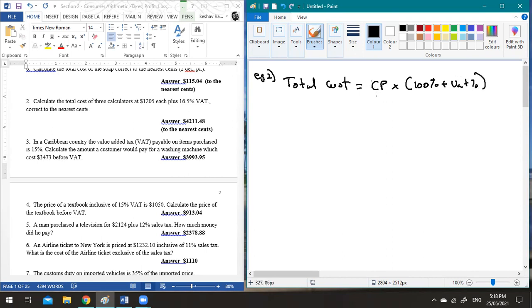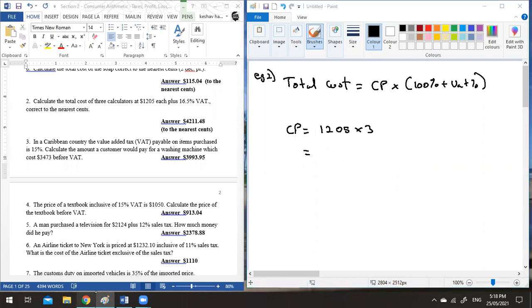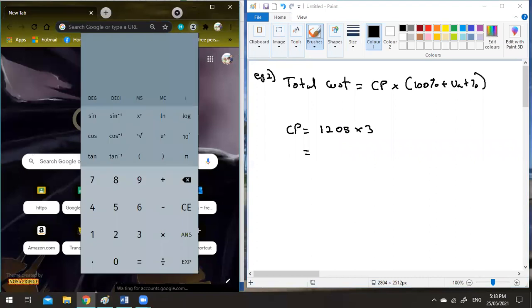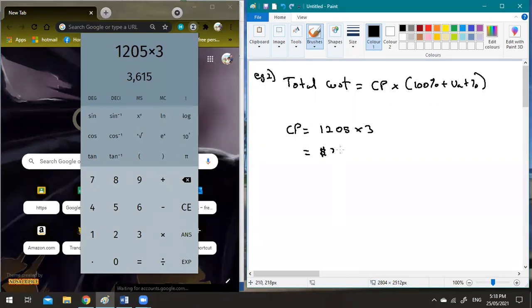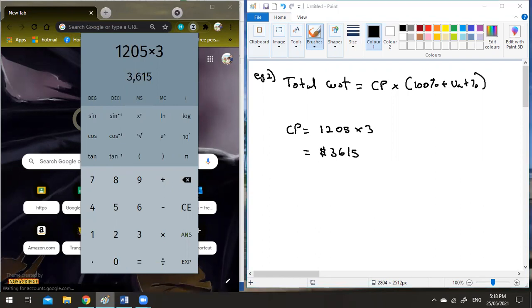So the cost price multiplied by 100% plus the VAT percentage, right? Now, before we go further, we have to realize that there are three calculators. So the cost price will be 1205 by 3 because it's each. So 1205 multiplied by 3 is 3615.